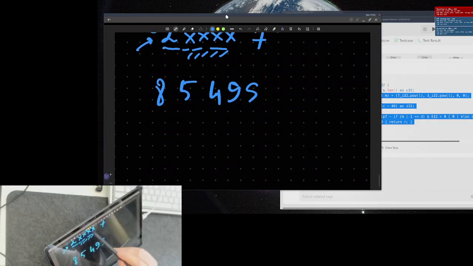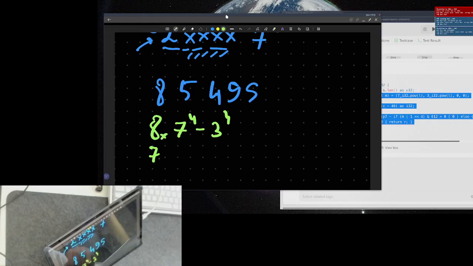So for the 8, we go and analyze our subtree, starting with 8 gives us 7 to the power of 4 minus 3 to the power of 4. Then start from 7. 7 is forbidden. Let's skip it.